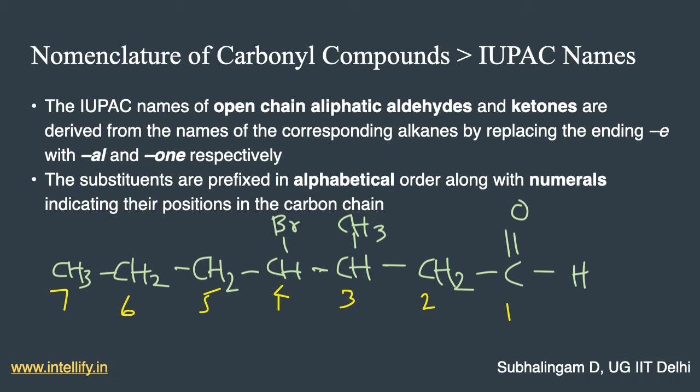We see that bromo is attached to the fourth carbon, and the methyl group is attached to the third carbon. Since we have two substituents, we follow the alphabetical order, that is 3-methyl and 4-bromo. Since B comes first, we say it as 4-bromo-3-methylheptanal. I hope it's clear.